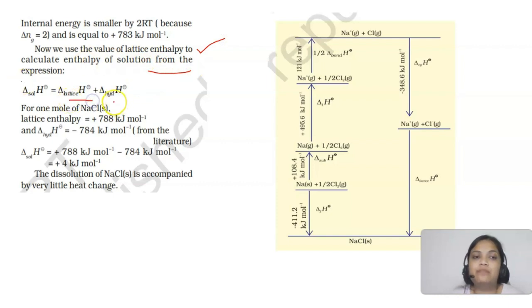So lattice enthalpy plus the enthalpy of hydration, which is minus 78.4, calculated from the literature, the already determined values. So it will be 4 kilojoule per mole. So you can say the dissolution of NaCl is accompanied by very little heat change, only 4 kilojoule per mole. Here you can see, students, this is the Born-Haber cycle that we have for NaCl.